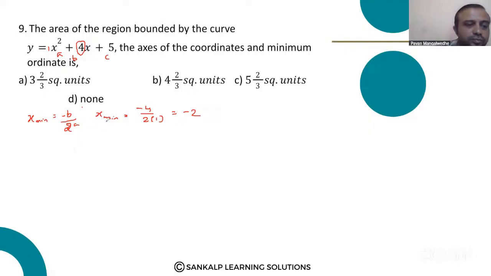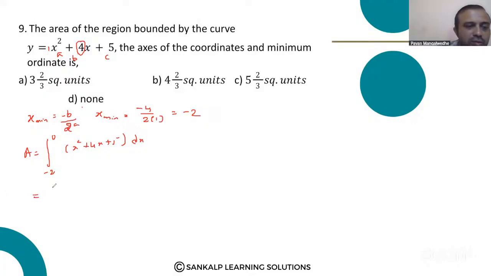Now setting up the integration for this, A is equal to the integral from minus 2 to 0 of x square plus 4x plus 5 dx. Now try to solve this.